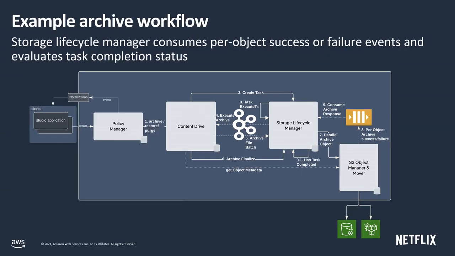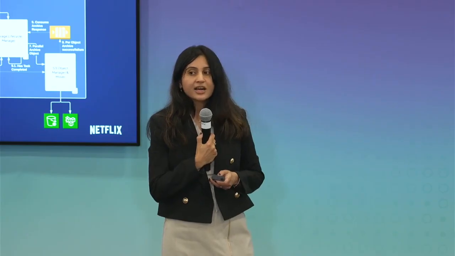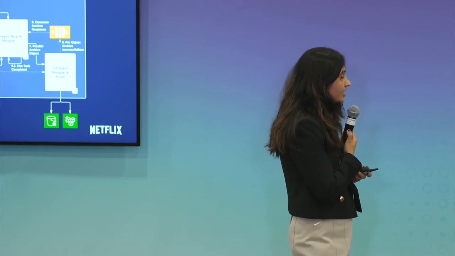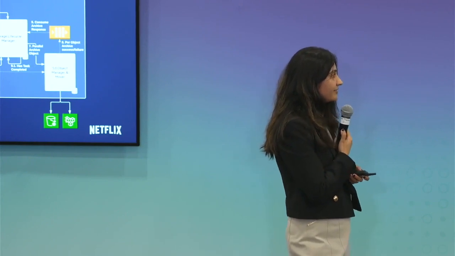Our storage lifecycle manager layer keeps evaluating whether the task has completed or not. Because a task has an aggregation of millions of files, it needs to figure out whether all the files have completed or not. So at every message consumption from the S3 object manager, it sends an internal event to the node that owns the task.